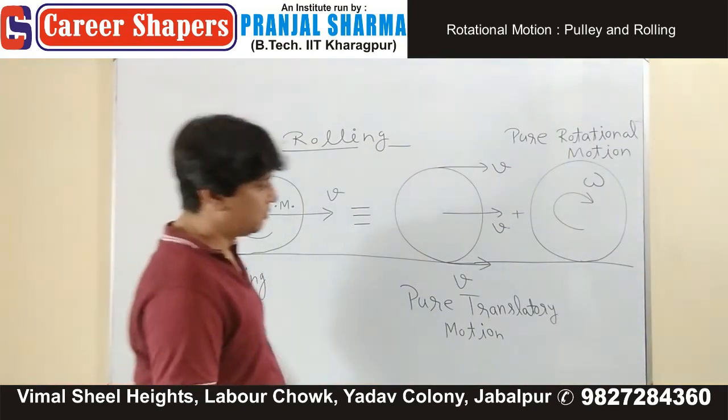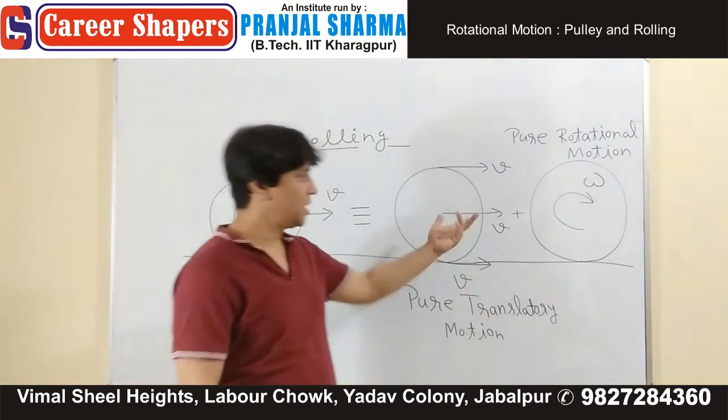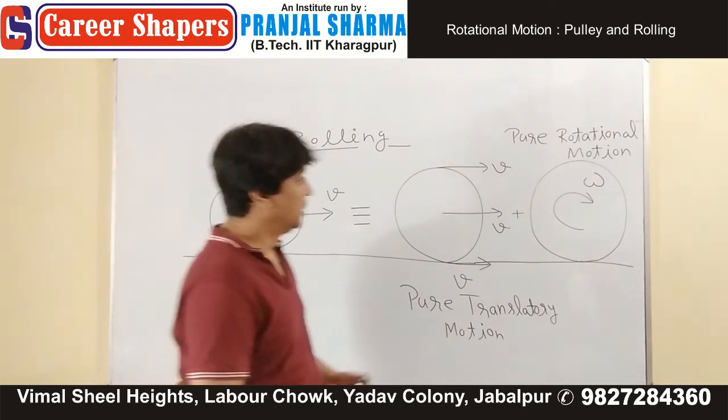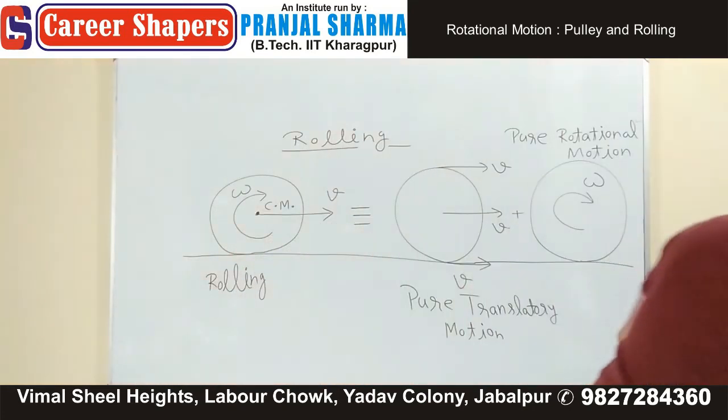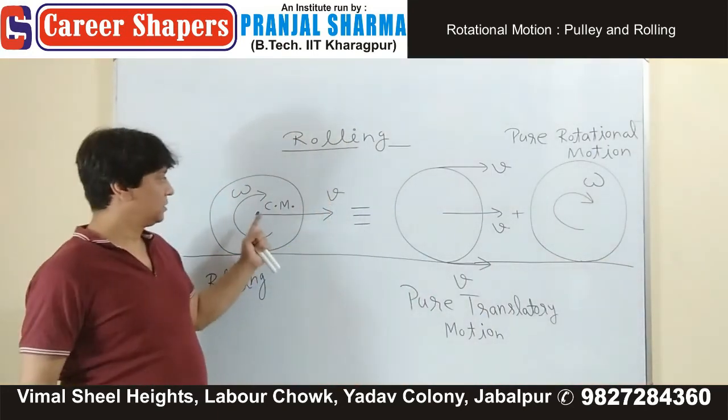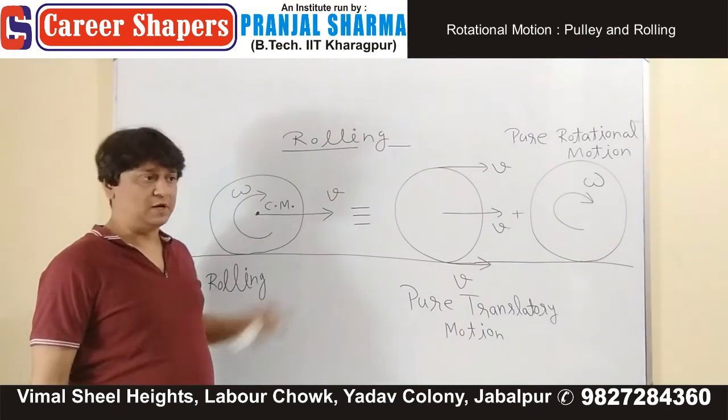Now, once you visualize this part, what is this for us? Look here. What is V? Velocity of the center of mass.